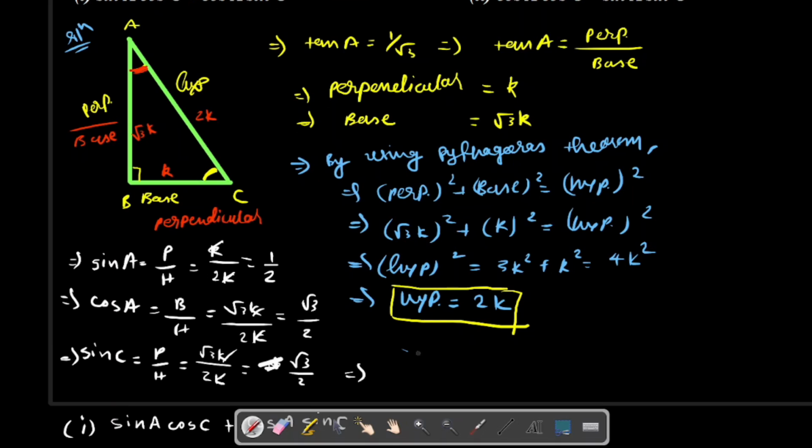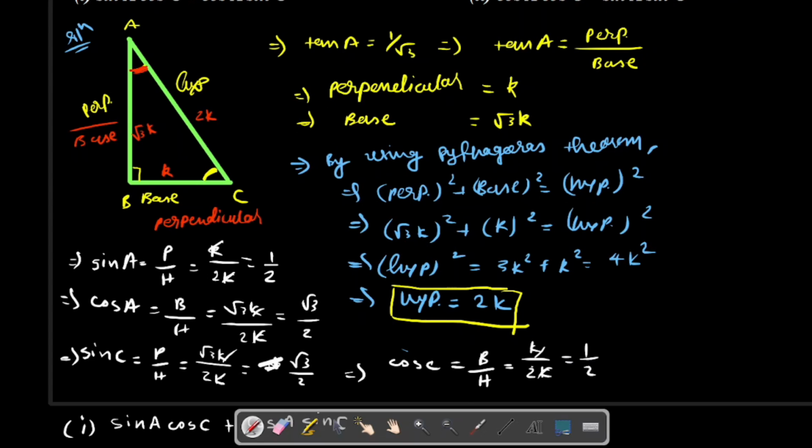Similarly, cos C is base upon hypotenuse, and the base becomes K here, so K upon 2K. K cancels out and the value becomes 1 upon 2.